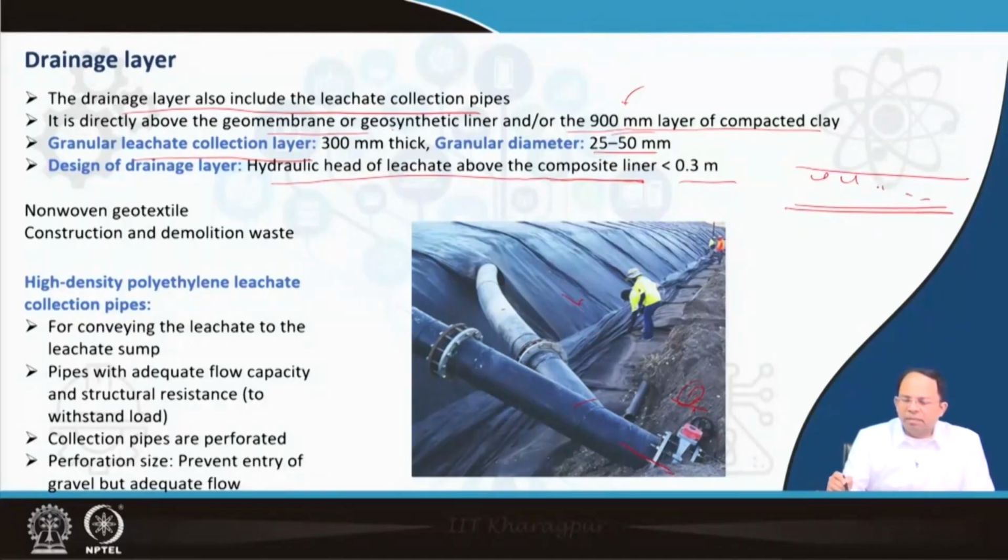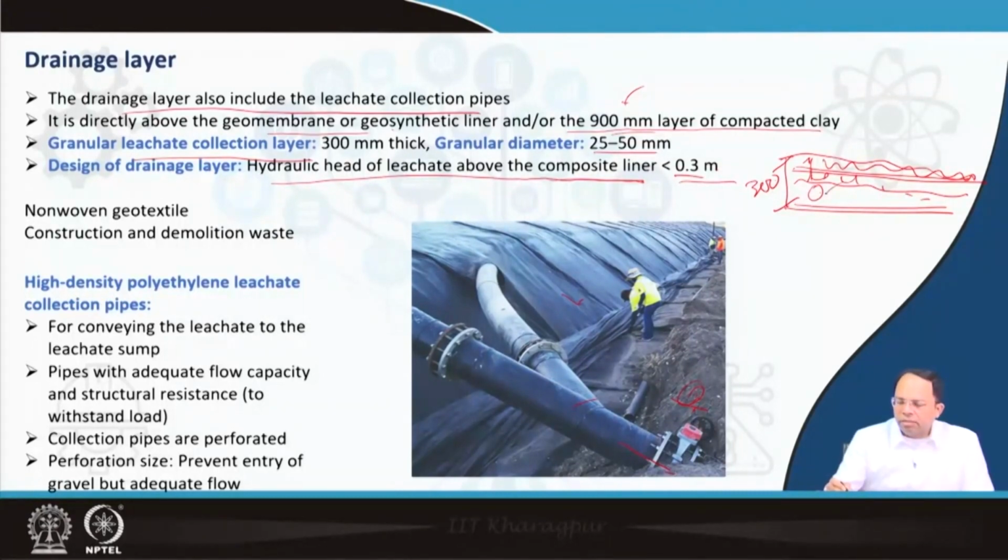And the drainage layer is something around 300 mm. So we should never allow more leachate to accumulate which goes above this. Then what happens? It will mix with the waste and create a saturated situation which will create other problems. So always the amount of accumulated leachate should be less than 0.3 meter.